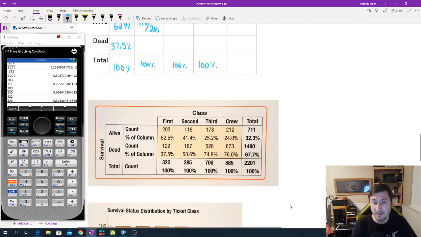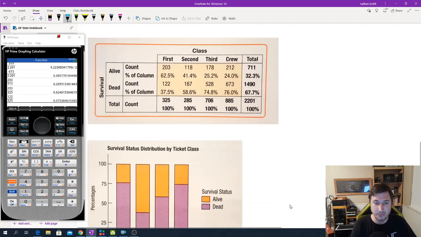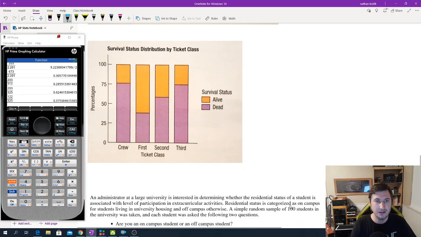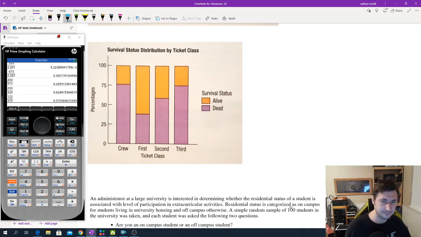Now we could again make a graph for this as well. So here is a segmented bar chart of that data. All right, so this is survival status by class. And so we just take those, the crew members have to add up to 100%, each one has to add up to 100%. So what do we notice here?